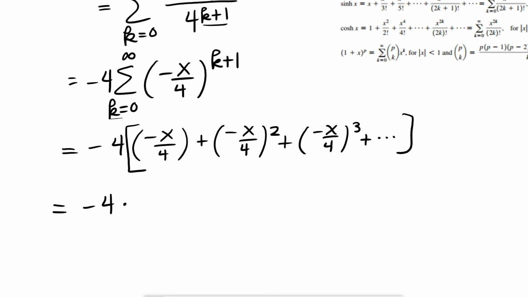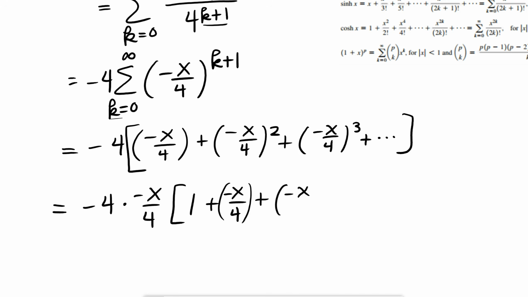So if I factor out a -x over 4, look at what we're going to get now. I'm going to get 1 minus x over 4, right? If I factor 1 out of here, then I'll get plus that, and so we could think of that as plus a -x over 4 to the first power. Then I would get a -x over 4 to the second power. Then I would get a -x over 4 to the third power.